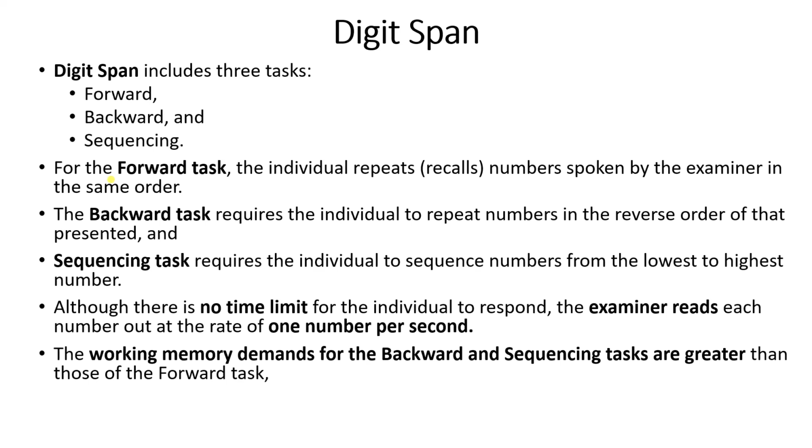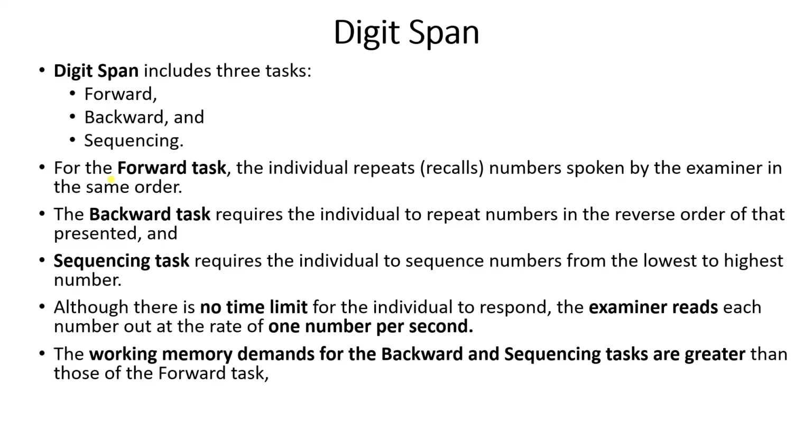The working memory demand for backward and sequencing tasks is greater. Why? Because the individuals are required to hold the information in their awareness and to do some manipulation. Like in backward, they have to reverse the sequence. In sequencing, they have to judge which one is higher, which one is lower.